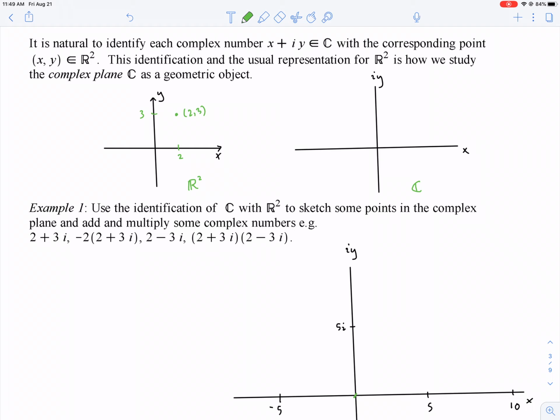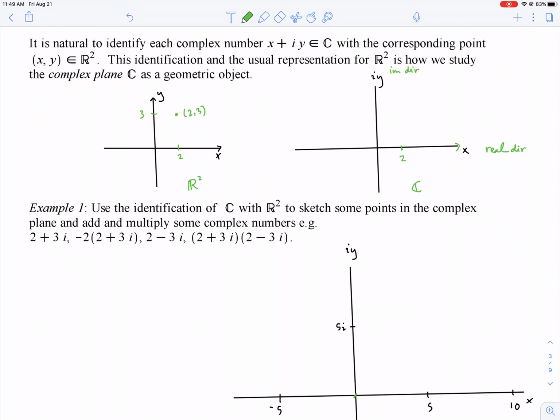So in the complex plane, there is still a horizontal x-axis, but the vertical axis is now called the iy axis. And so if we go 2 in the real direction, the x direction, and the vertical direction is called the imaginary direction.